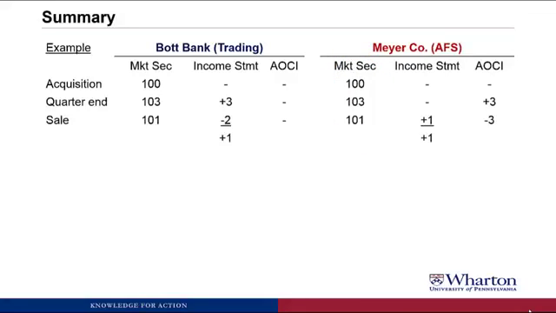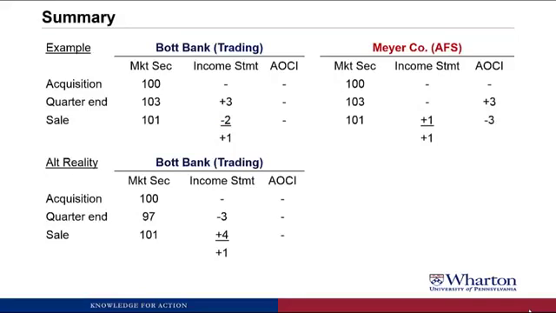But when they wrote it up to 103, we put that unrealized gain of 3 into AOCI. When they sold it, we took that out, which got us a gain of 1 on the income statement. And so notice that realized gain is the same as for Bott over the life of the investment. The difference is for AFS, it all shows up at the time you sell it.